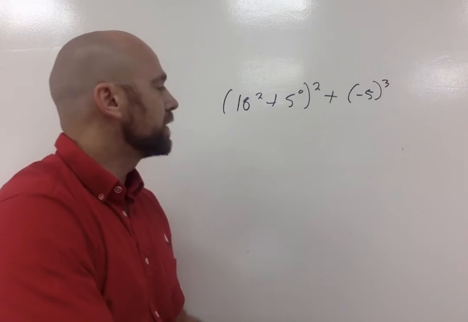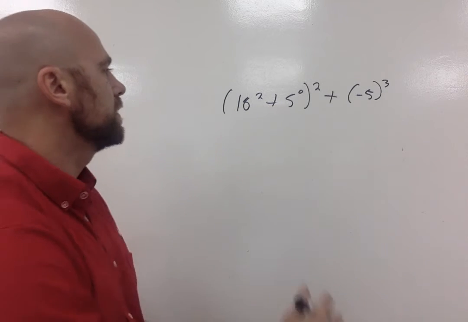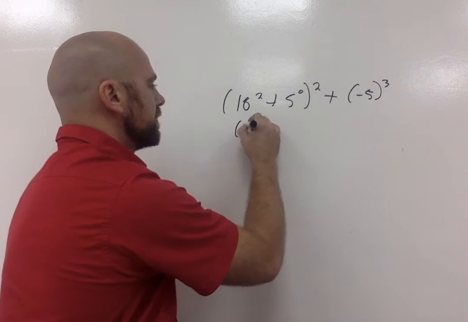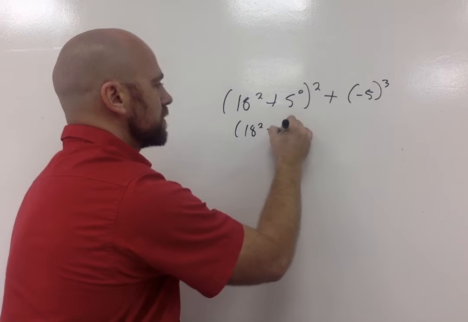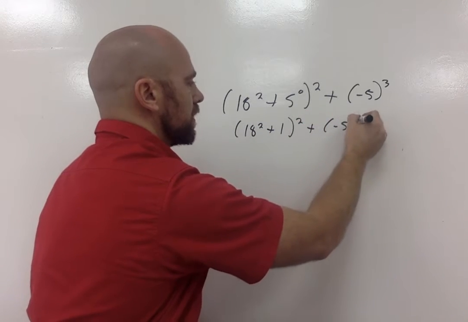The first thing I need to do is figure out all of this. I'm going to try to simplify this a little bit. This is going to give me 18 squared plus 1 squared plus negative 5 cubed.